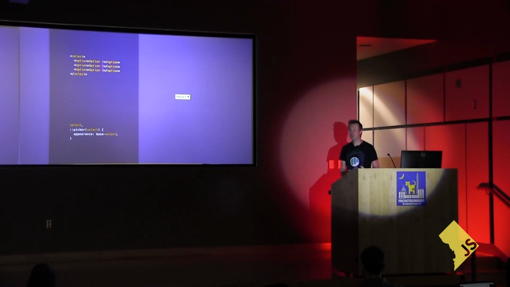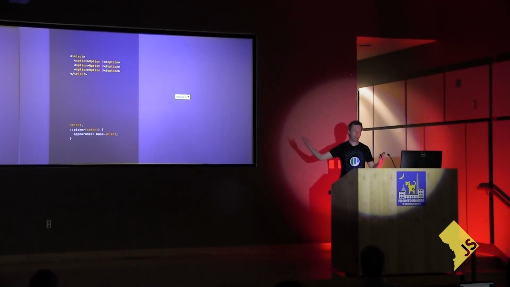Now, the select element has a ton of accessibility and interaction features that you might not know of, and that also aren't properly replicable in JavaScript. But the select element itself is also kind of sucky. It doesn't let you add icons. It is very difficult to style. If you want a different triangle, tough luck.